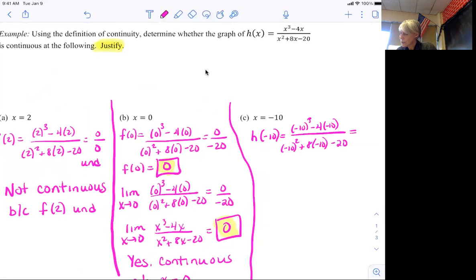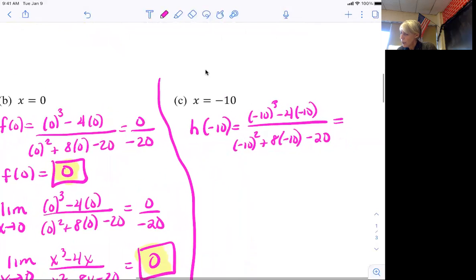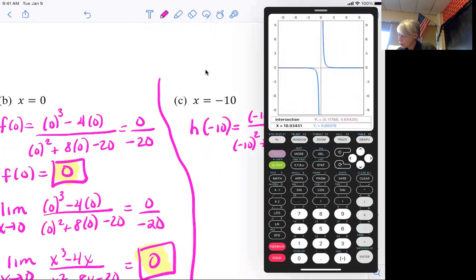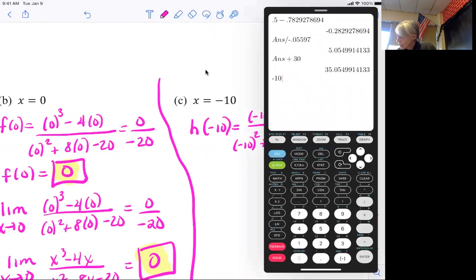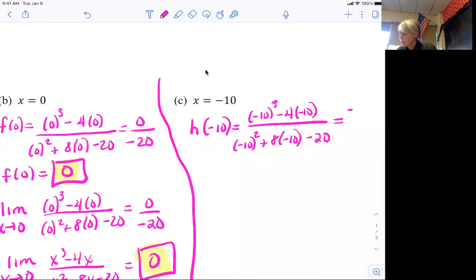Oh, I don't even want to do these numbers, but -10 cubed is going to be -1,000, plus 40. So whatever that is, I get some number in the numerator. I might as well be good about this: -1,000 plus 40 is -960.